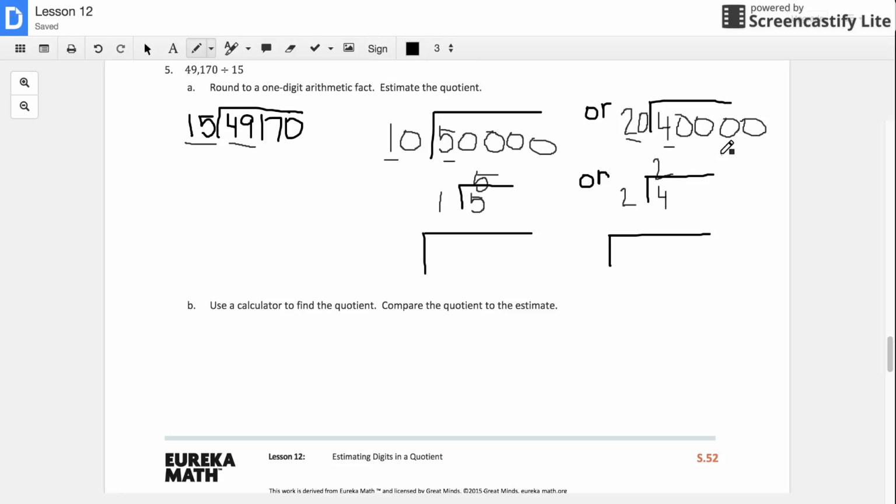So then when we add those zeros back in, remember we're thinking about this in terms of 2 tens, so we would get rid of this one. We're thinking about this in terms of 4,000 tens, so we get rid of this one.